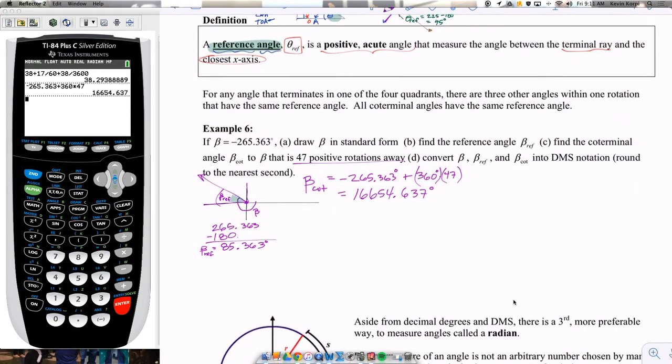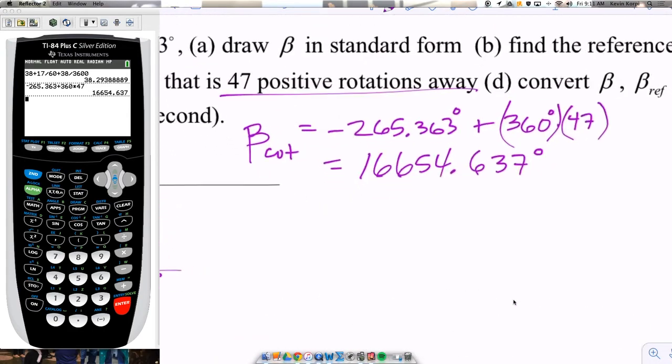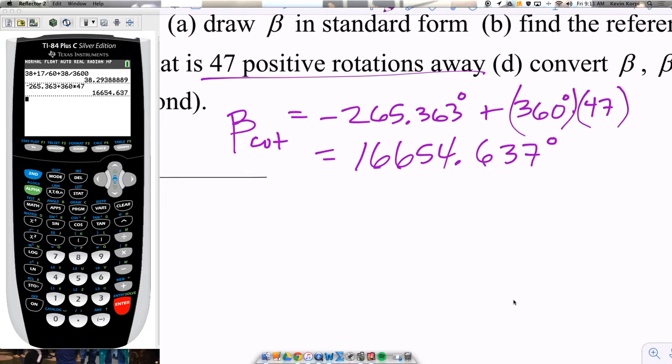Okay, just for review, let's convert this angle into DMS, all right? We'll convert the coterminal angle into DMS. So the 16654 is going to stay there. And then what you're going to have to show me, we'll practice for the quiz, is that you're taking 0.637, and to convert that fraction to minutes, you multiply it by what?